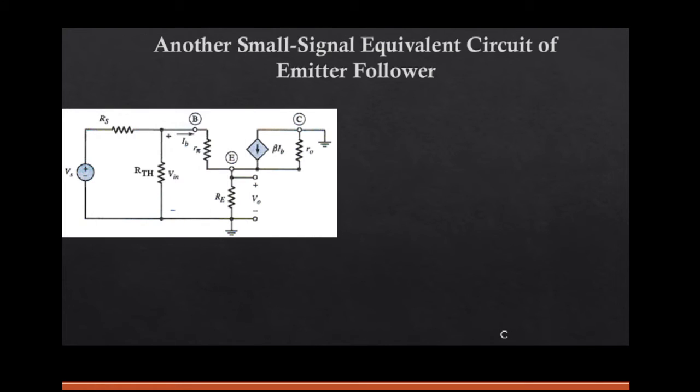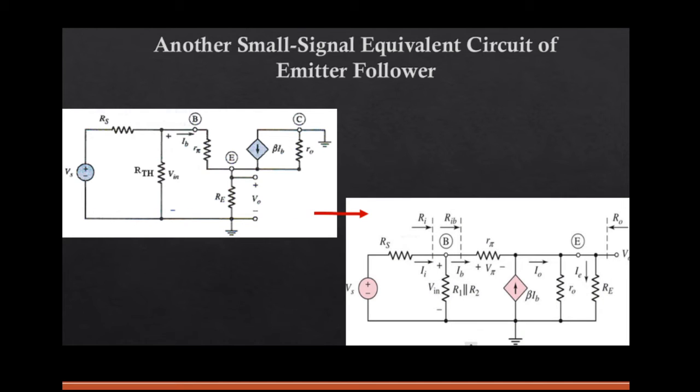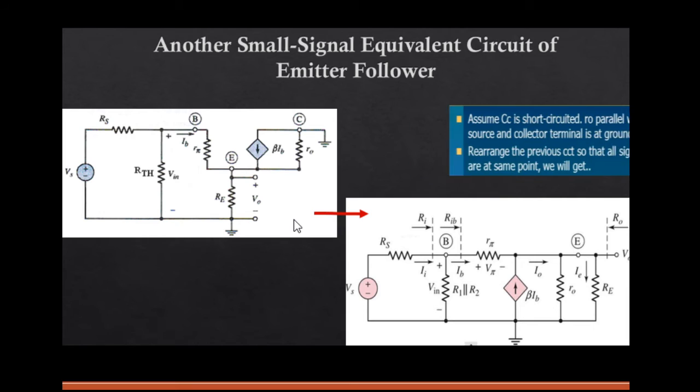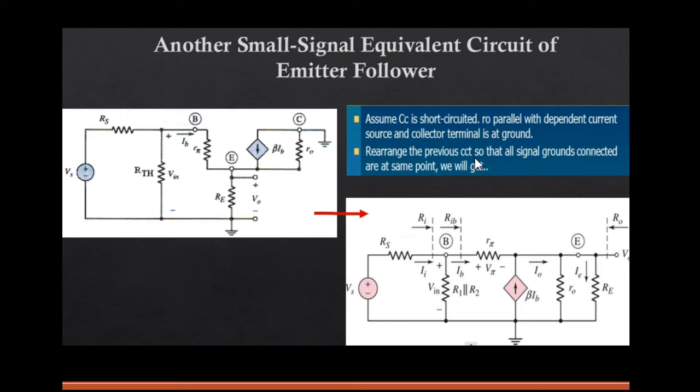Now we can draw this circuit into another form of small signal equivalent circuit. That is, you can bring this grounded collector terminal and connect it at the same point. Rearrange the previous circuit so that all the signal grounds are connected at the same point, so that you get the circuit like this.